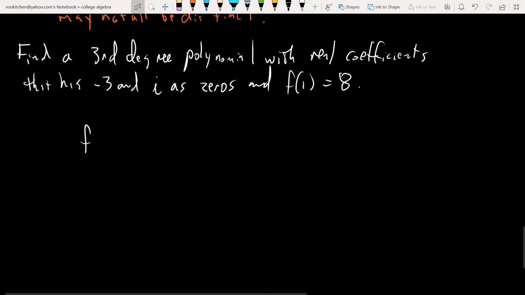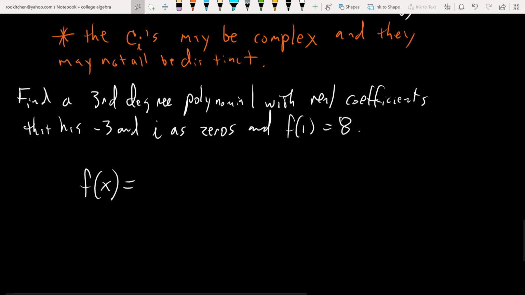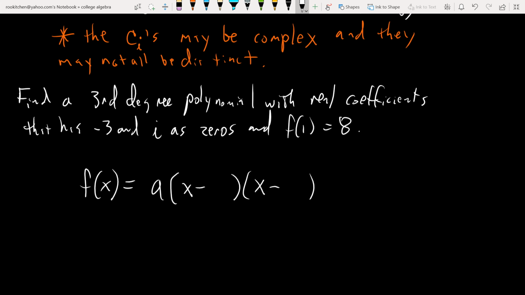You're going to set it up first using that previous theorem, the linear factorization theorem. So you know the form. If it's a third degree polynomial, it has to look like a sub n, or we could just write a for the leading coefficient, times x minus a sub 0 times x minus a sub 0 times x minus a sub 0.